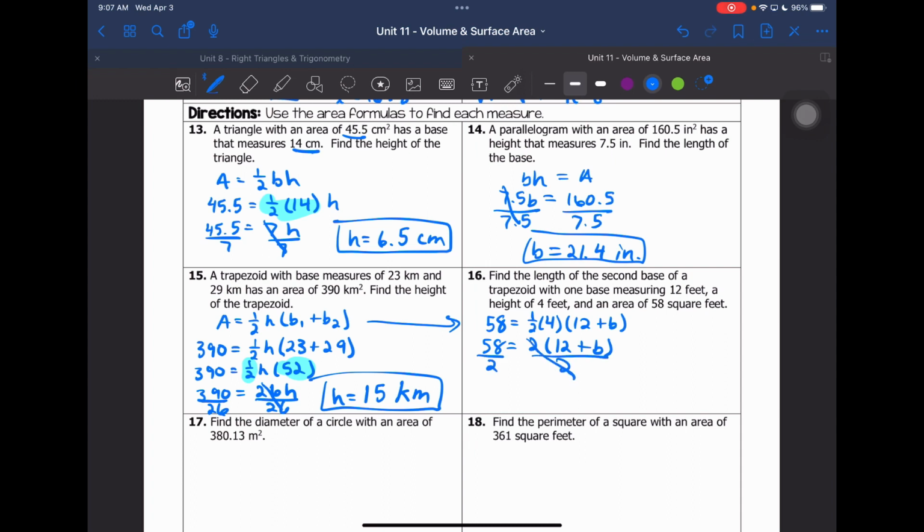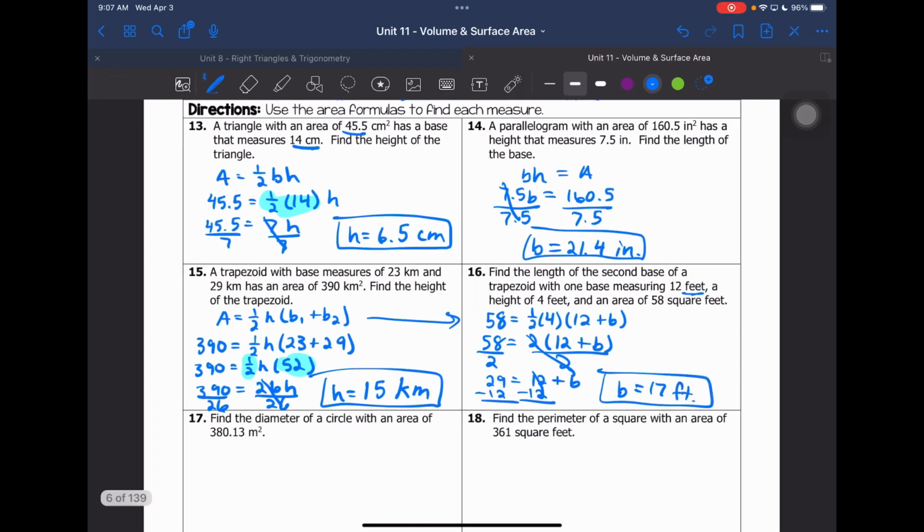So 58 divided by 2 would be 29. And then on the other side, now we're just left with 12 plus b. To find out what b is, just subtract this 12. So b is equal to whatever 29 minus 12 is, which would be 17. And we're talking in terms of feet, so this becomes our answer for the second base.